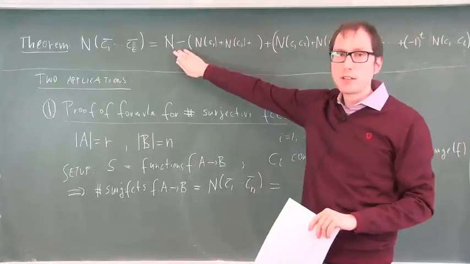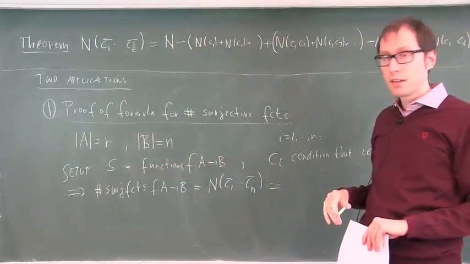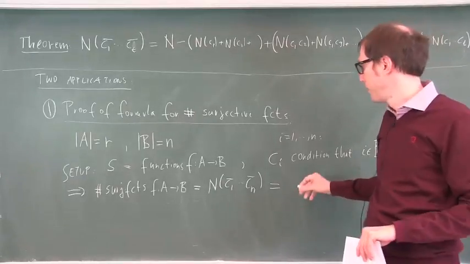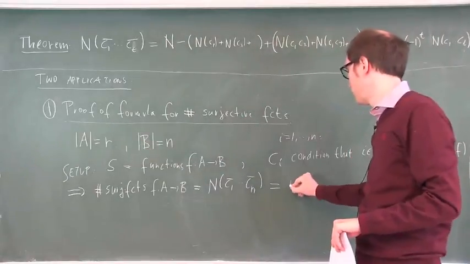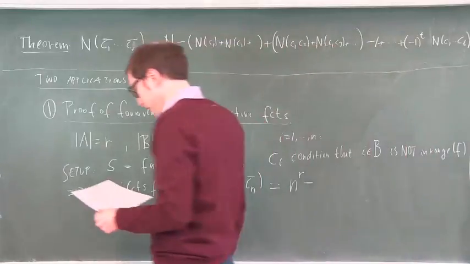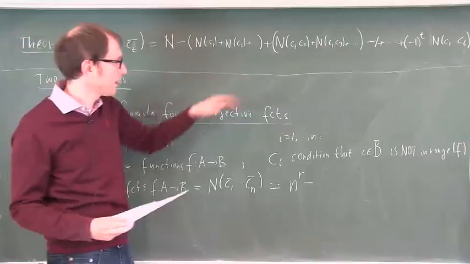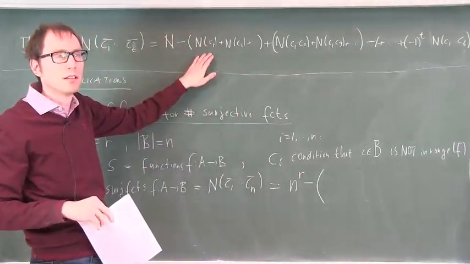Okay, big N is the number of elements in S. These are the number of functions from A to B. Well, we know that. This is n to the r. Minus. Okay, so now we have this bracket. And we have to know what is N of C1.